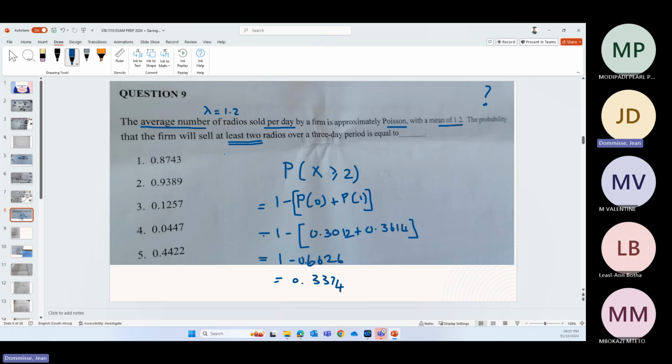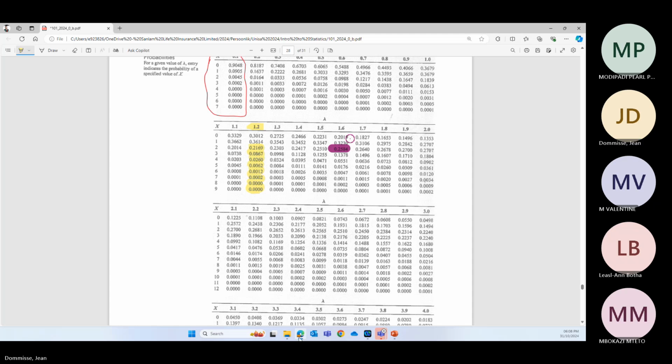But I will definitely go back to this one. It's just weird that there's not even any of these numbers in that graph.